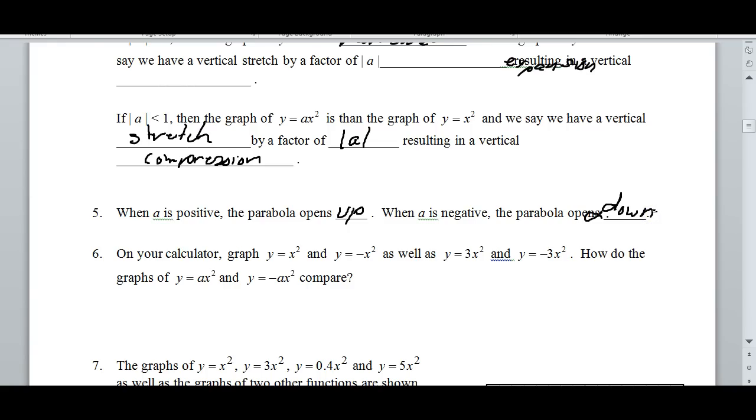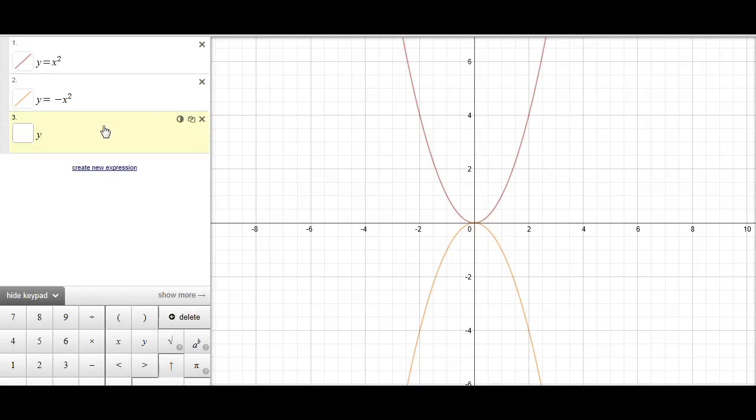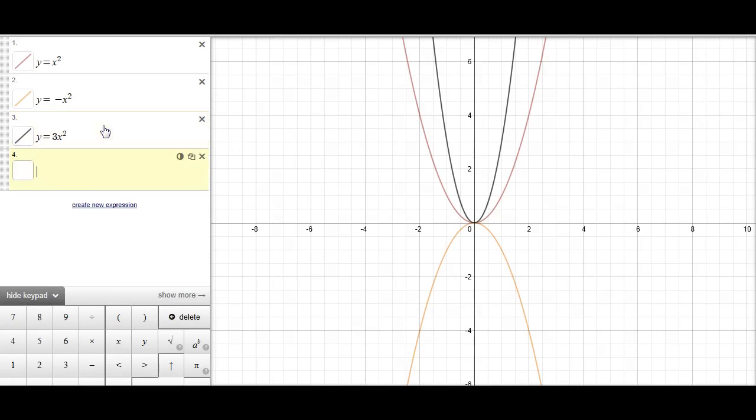On your graphing calculator, graph y equals x squared. Okay, so you read number 6, and we will do that in depth. We have y equals x squared and y equals negative x squared. We're going to graph y equals 3x squared and y equals negative 3x squared.